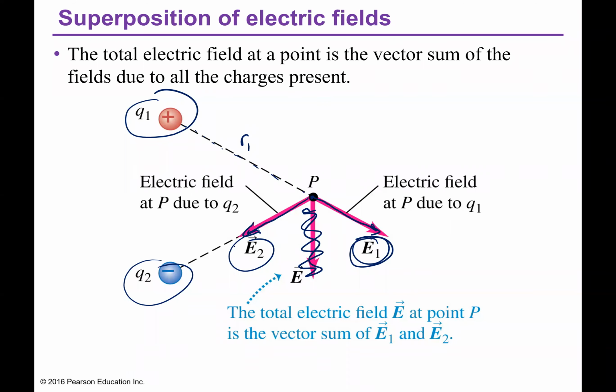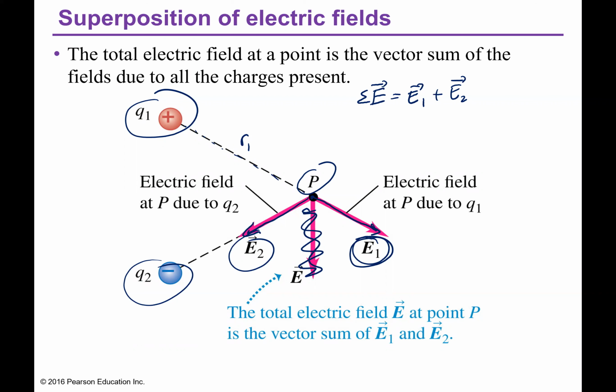Now, the electric field is a vector. And if you have more than 1 at some point, then the electric field at that point P is the superposition of those 2 electric fields. It means the vector sum of E1 and E2. That means what we have here is the net electric field, so you have to add them as vectors.